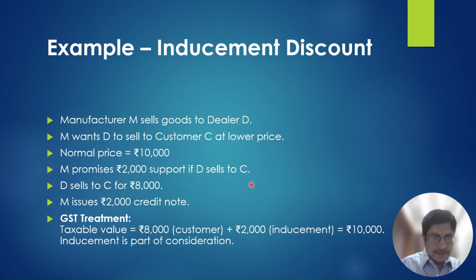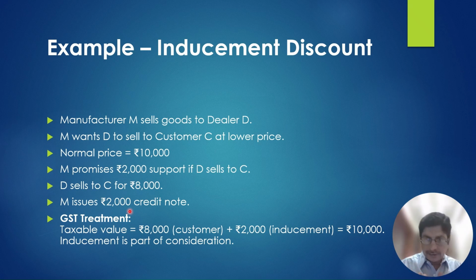So in this case, GST is payable not only on the 8,000 collected from the customer, but also on the inducement amount of rupees 2,000. This is an important amendment. You may expect a question on this in your exam. Have you understood?